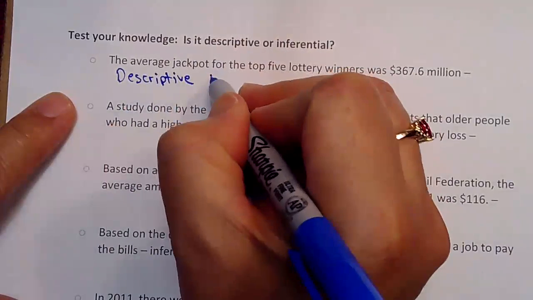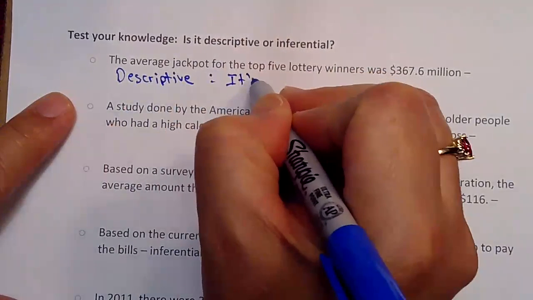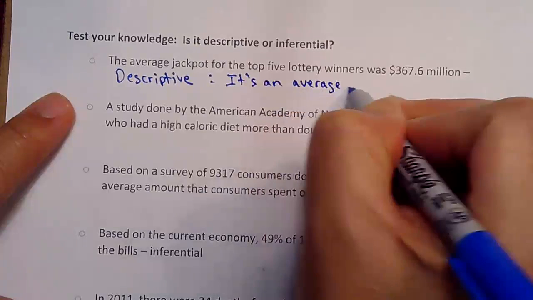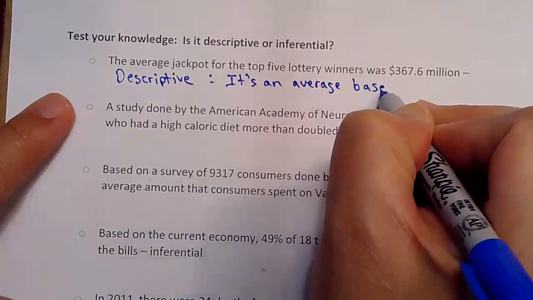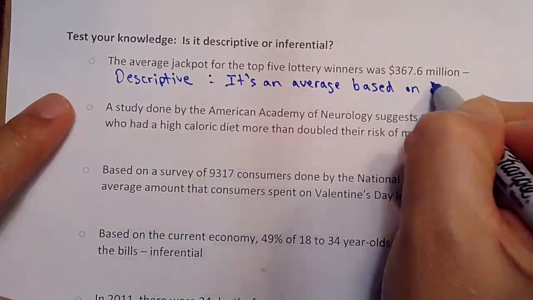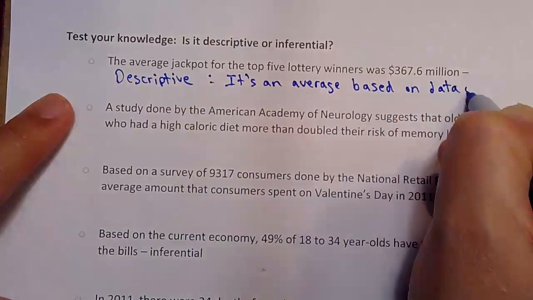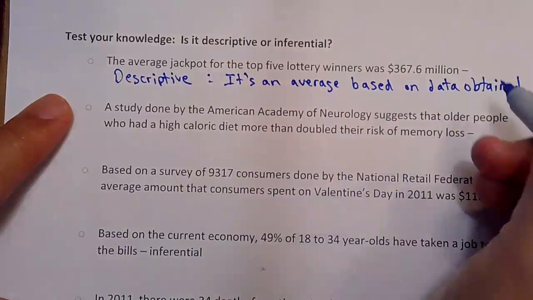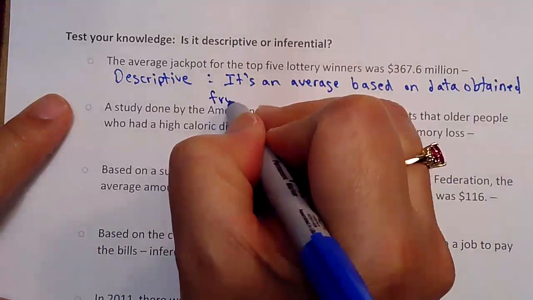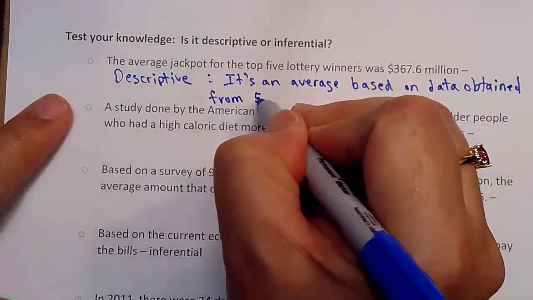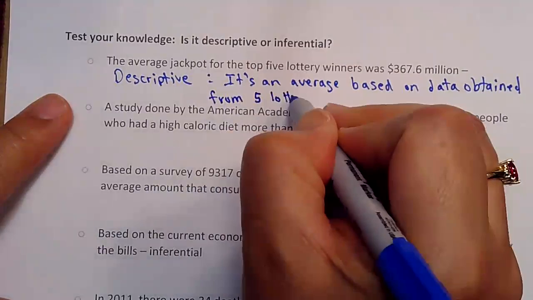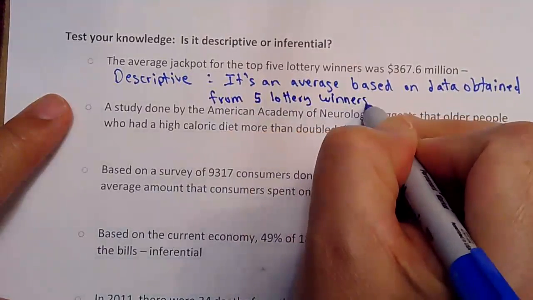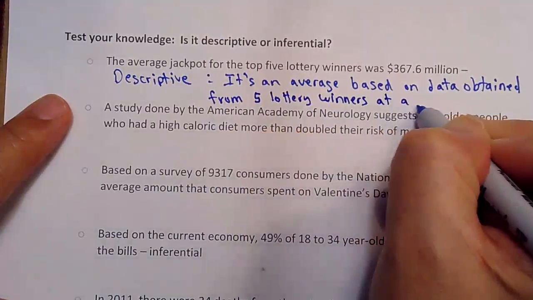And I'm going to say that it's because it's an average that's based on data obtained from 5 lottery winners at the time.